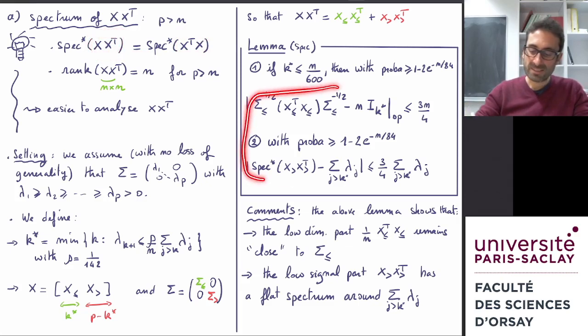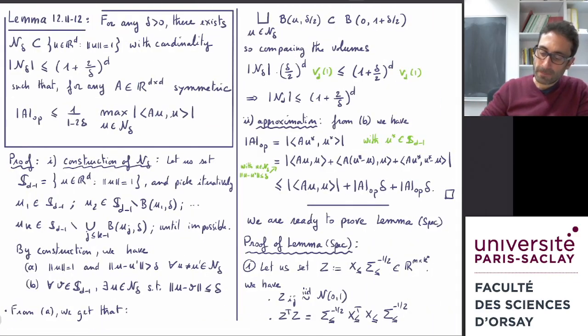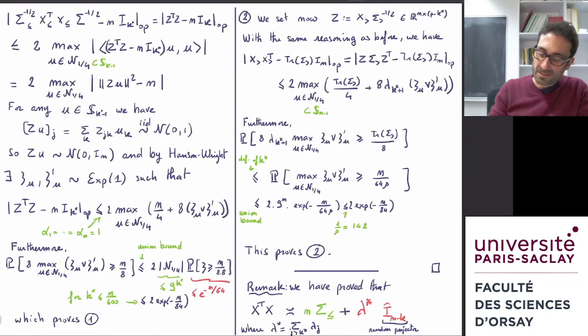And what we have seen with this result is that essentially this matrix behaves like n times the covariance on the low dimensional part.